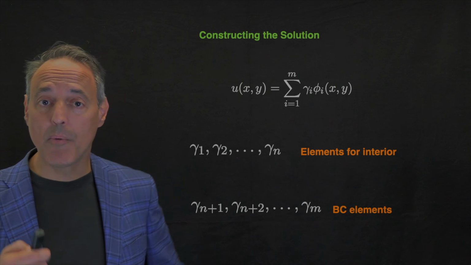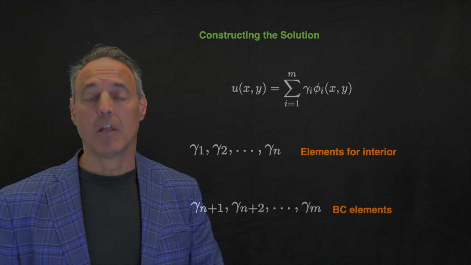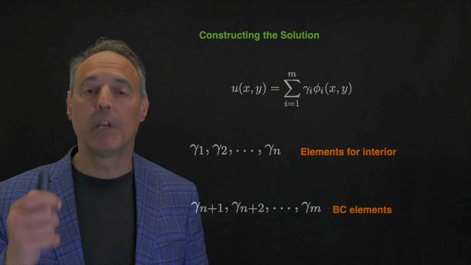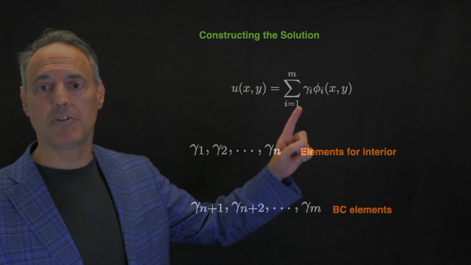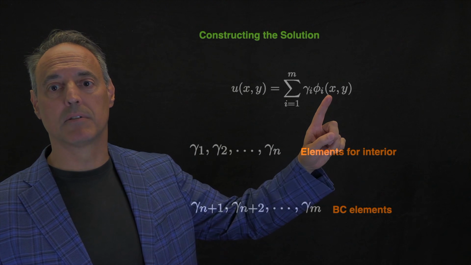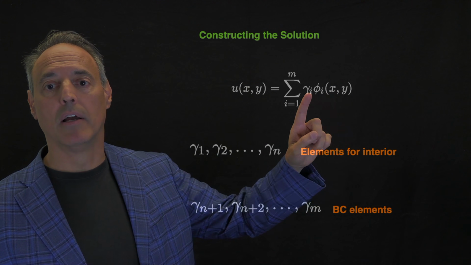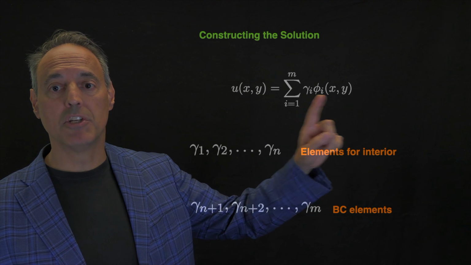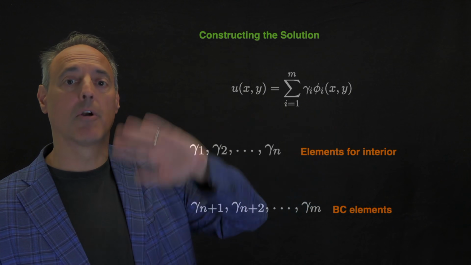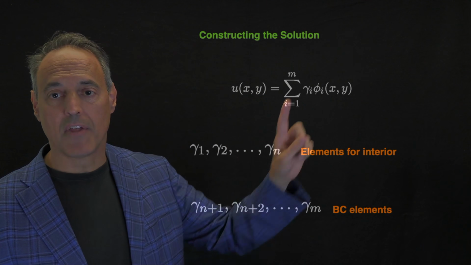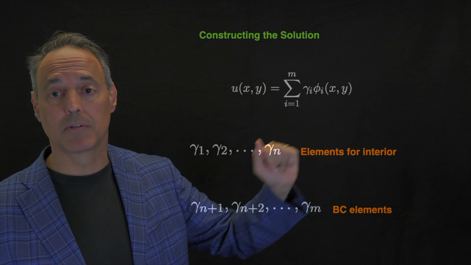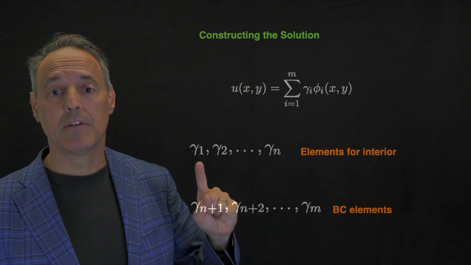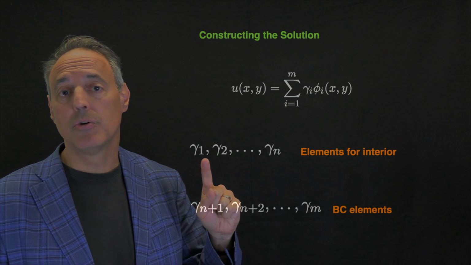Okay, so now that we have that formulation, now we construct the solution. The solution itself is an expansion in terms of these basis elements, the phi of i's of x, y, times gamma i. So in other words, these are all my little finite elements that are around my domain, and the gamma i is sort of the weighting in front of each, so I have to compute all of these and their weights. And by the way, there are 2 things that are happening here.